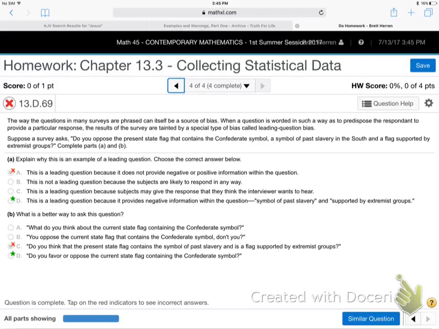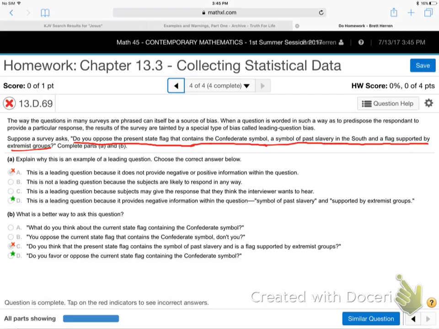Okay, so the way the questions in mini surveys are phrased can itself be a source of bias. We're talking about biases, right? Okay, so here's the question. Do you oppose the present state flag that contains the Confederate symbol, a symbol of past slavery in the South, and a flag supported by extremist groups?